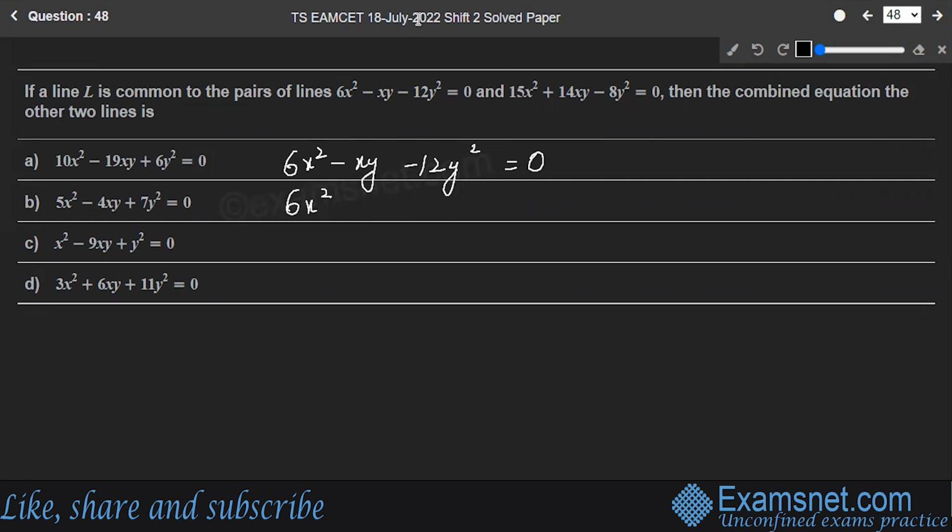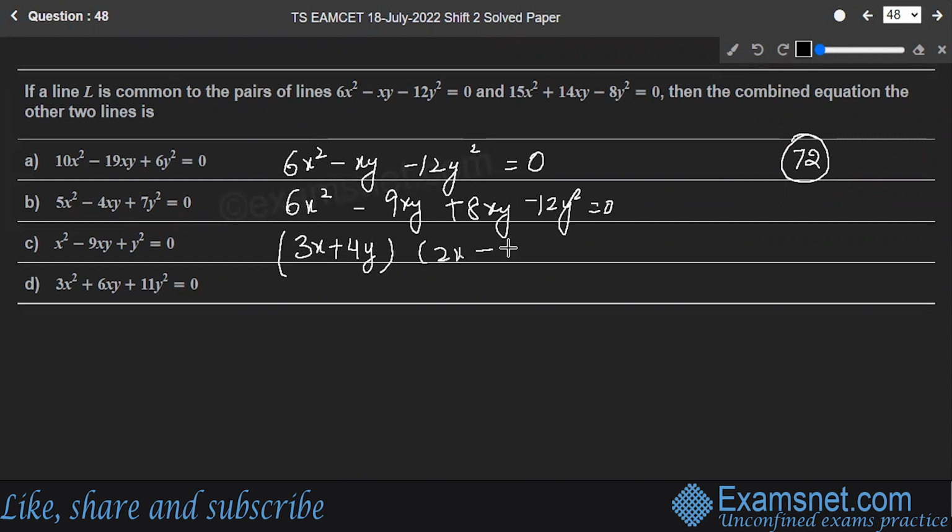I want two such numbers whose product should be 72 and the sum should be -1. So those two are 9 and 8. 6x squared minus 9xy plus 8xy minus 12y squared is equal to 0. This gives you the two factors as 3x plus 4y and 2x minus 3y is equal to 0.